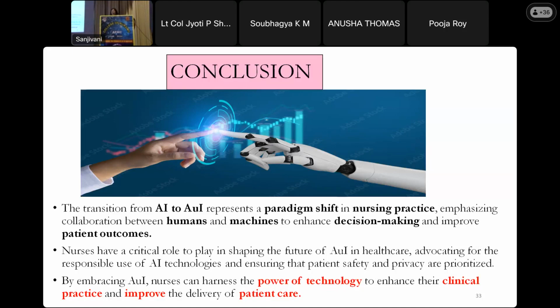Here, nurses have a very critical role to play in shaping the future of augmented intelligence in healthcare, advocating for the responsible use of artificial intelligence technology, and ensuring that patient safety and privacy are prioritized. So, by embracing augmented intelligence, nurses can harness the power of technology to enhance their clinical practice and improve the delivery of patient care.